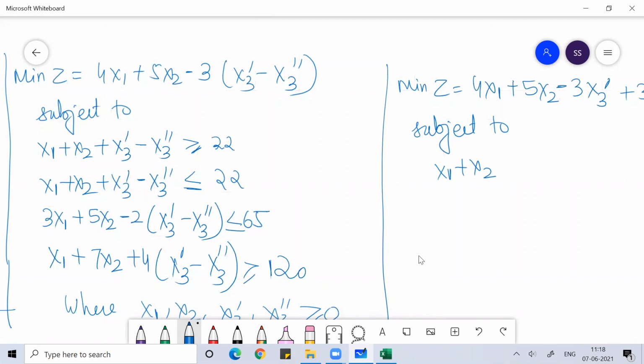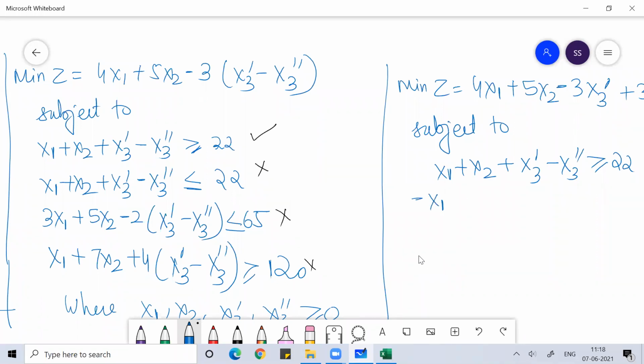So the sign should be maxima, no? So you can see this. This is in maxima, correct? This is not in maxima. So this is x1 plus x2 plus x3 dash minus x3 double dash is greater than or equal to 22.